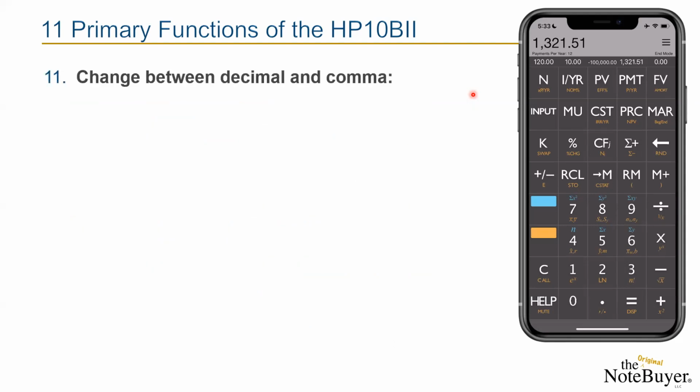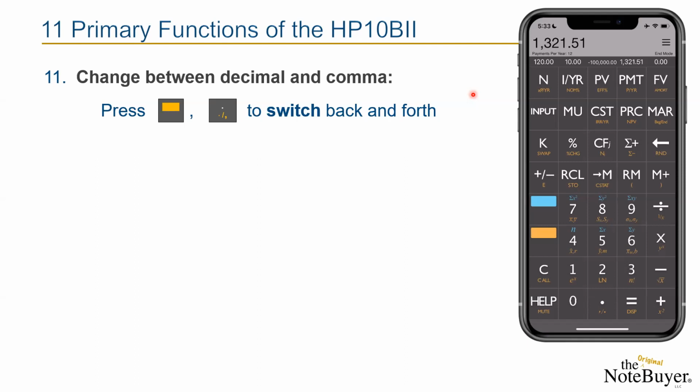Now, sometimes what will happen is I will have my phone in my purse and it gets bumped. Or somehow I just pick it up and all of a sudden, instead of a decimal point, I've got a comma. And I actually think that might be used in Britain. I'm not positive, but I think that's why it's on here. But let me tell you, when that happens, it's frustrating to look at a comma when you're used to a decimal point.